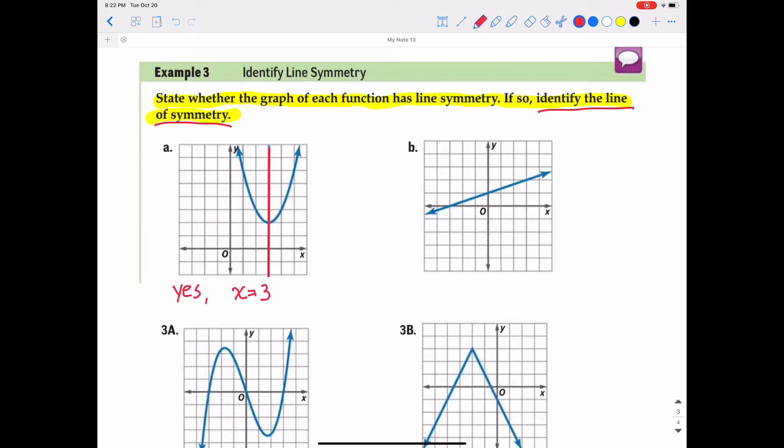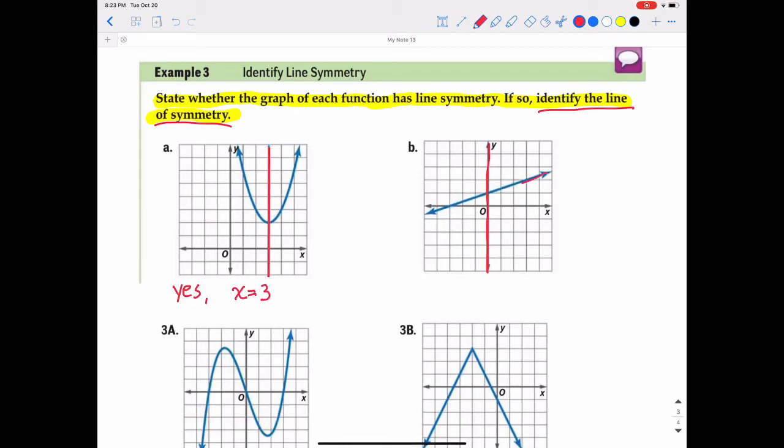Part B is a straight line already, but does it have vertical line symmetry? And it is very tempting to say, yes, it does. You might think that the y-axis is the vertical line of symmetry, but if you think about folding it across the x-axis, what's going to happen?